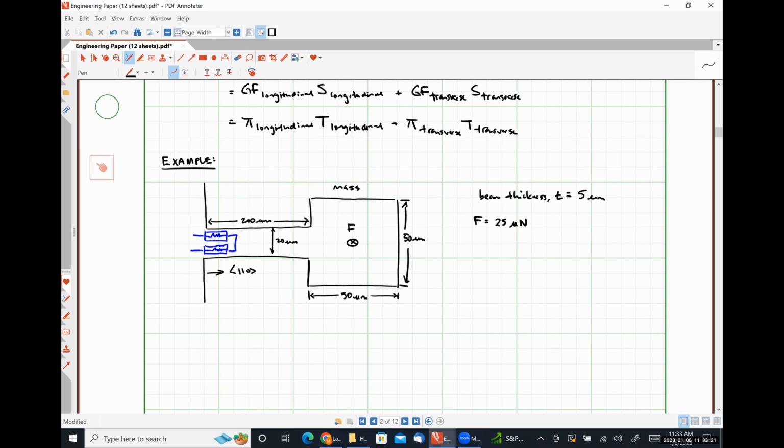And so we're going to have effectively longitudinal strain.